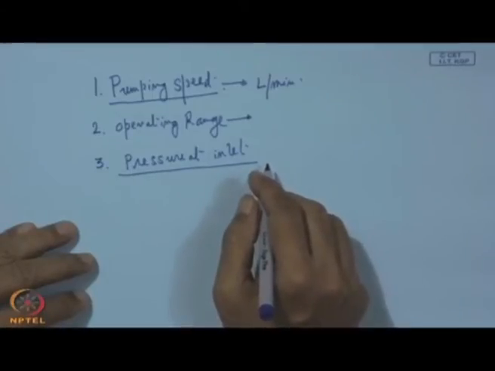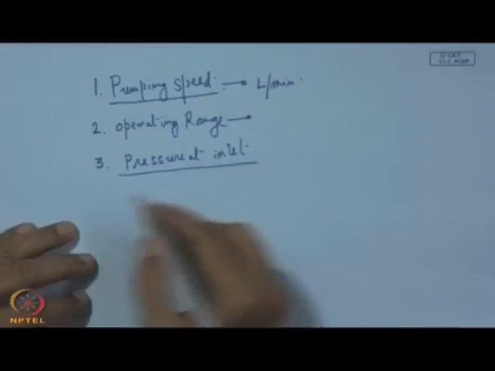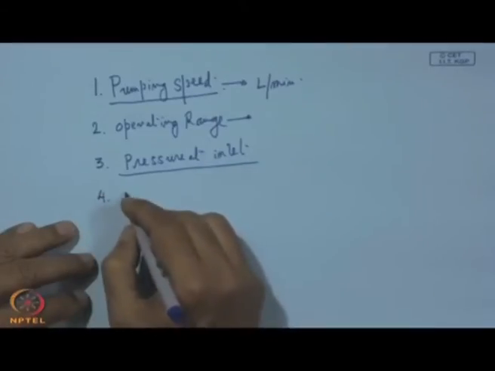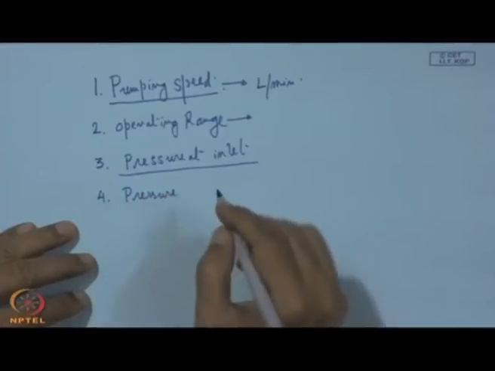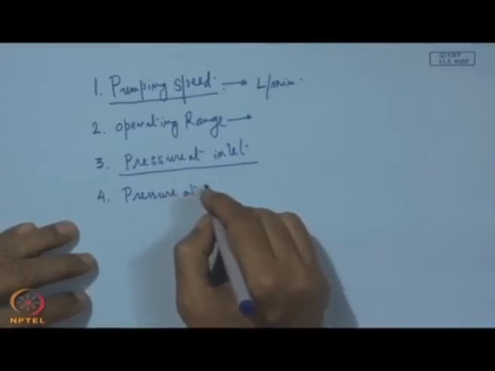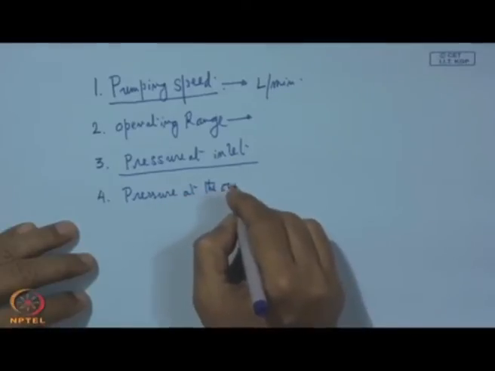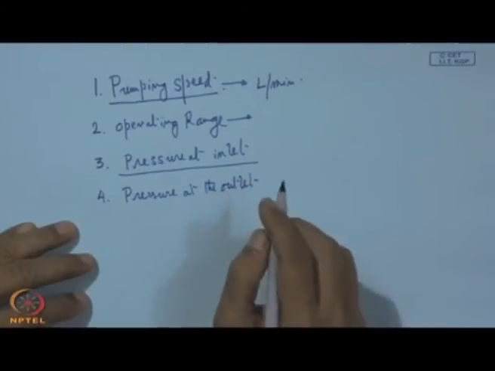The inlet port is the one connected to the chamber to be evacuated, and we have also another called the exit or the exhaust port. So, it is the pressure at the inlet. Similarly, we have to know what pressure it can deliver at the outlet, that means at the exit.